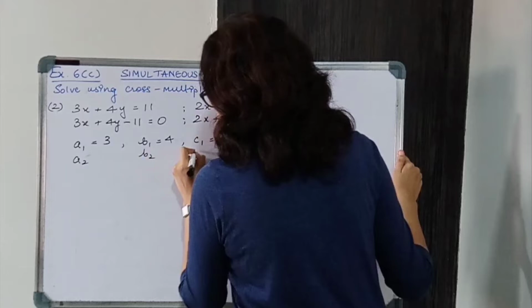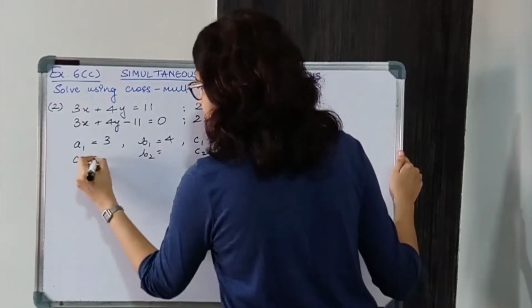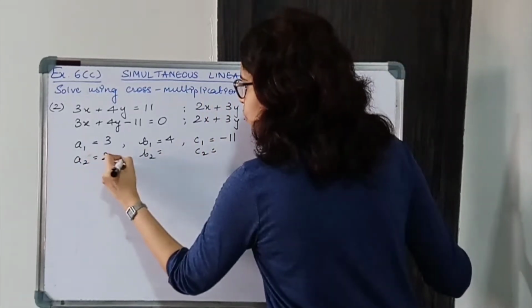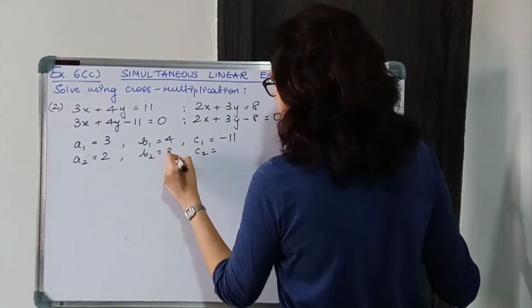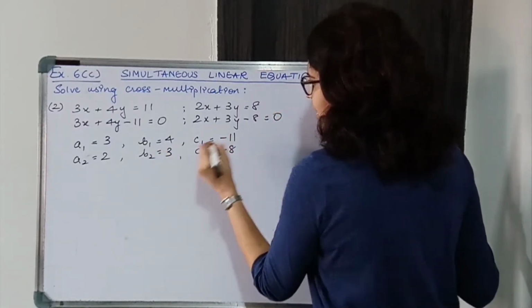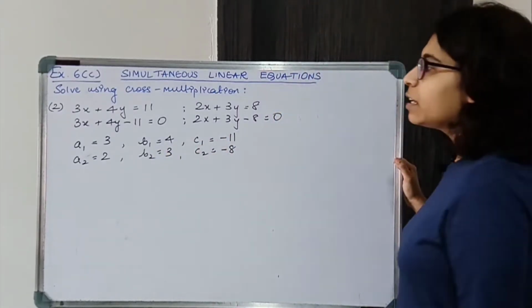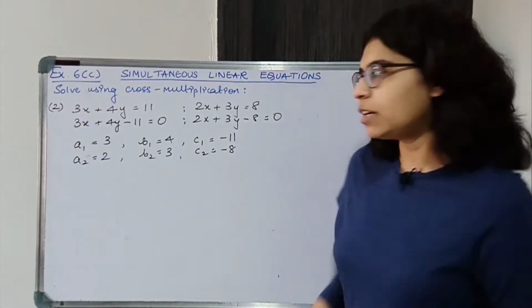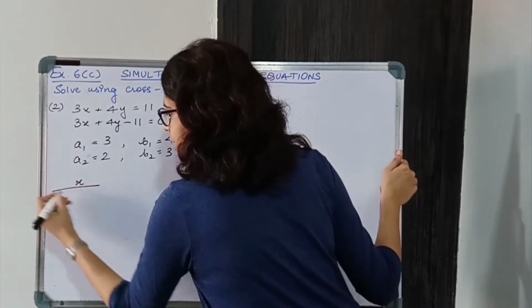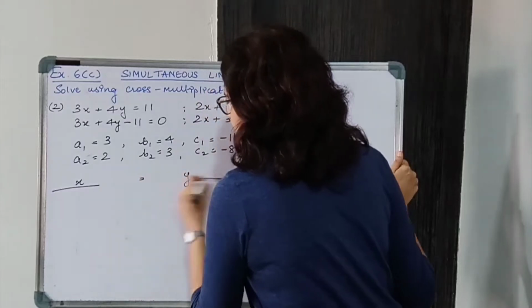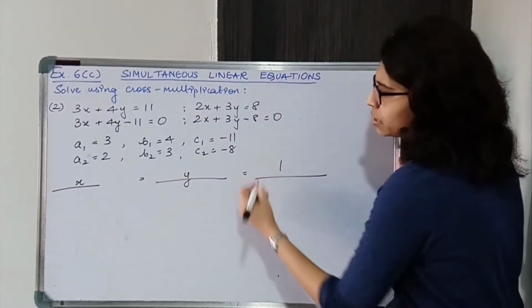a2, b2, c2. a2 is 2, b2 is 3, and c2 is minus 8. Okay, now third step, we'll use the formula. X upon something is equal to y upon something is equal to 1 upon something.